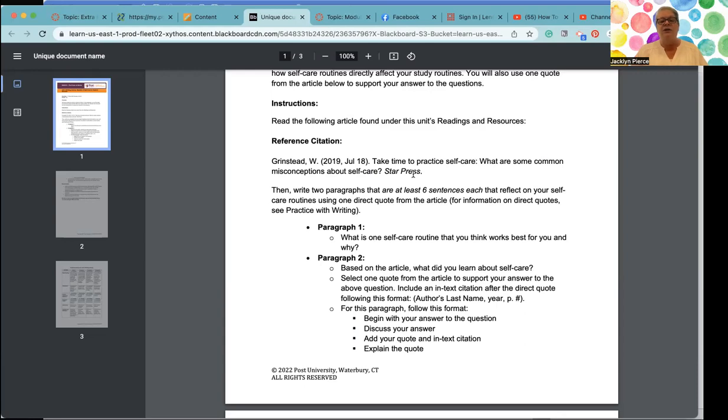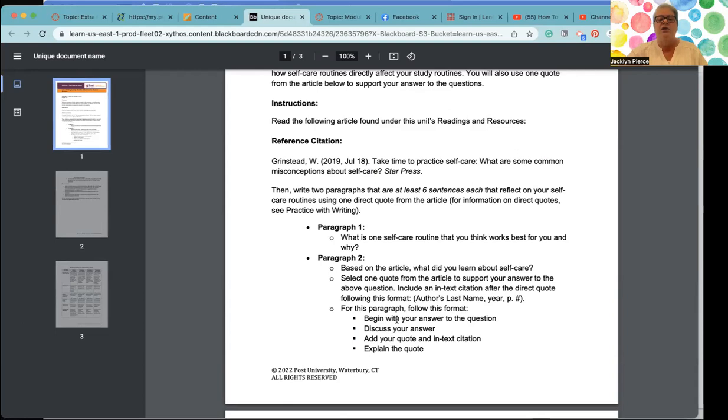And you have to include an in-text citation after the direct quote. And it even gives you, again, exactly what's going to happen in here, other than you have to fill in, instead of just saying author's last name, you have to put Grinstead. Instead of typing out year, you have to type out 2019. And then if you have a page number, you would put that there.